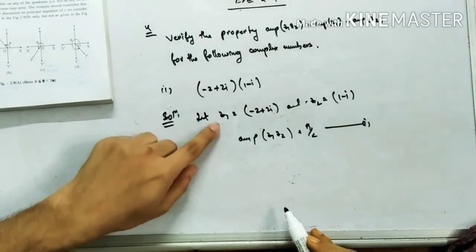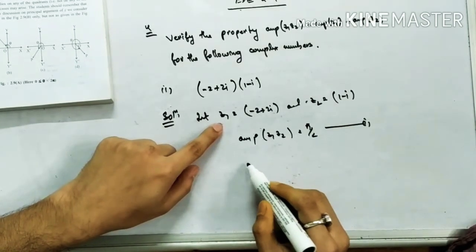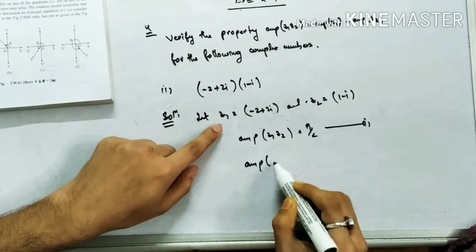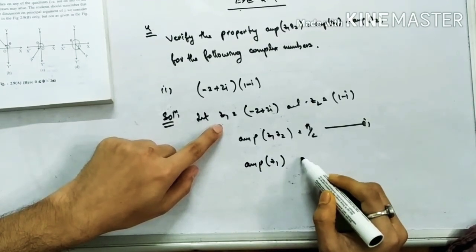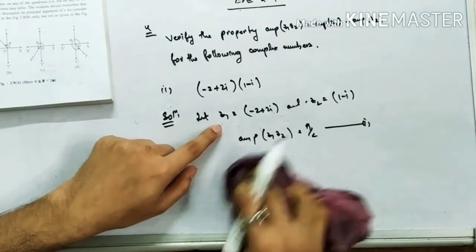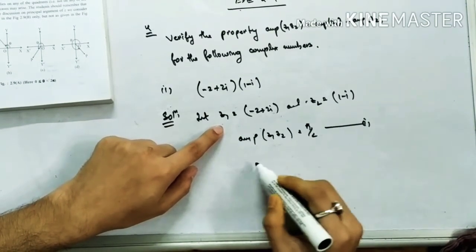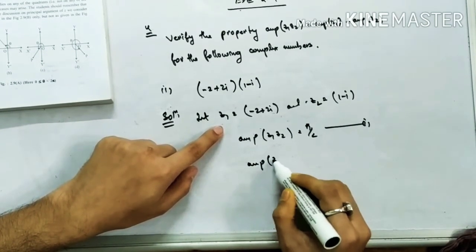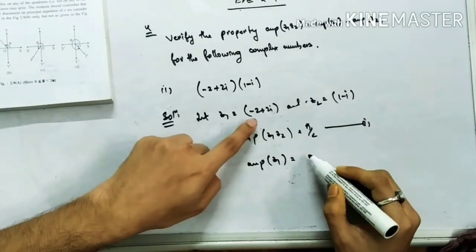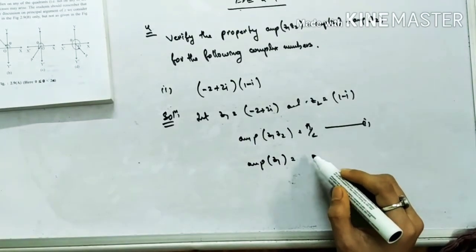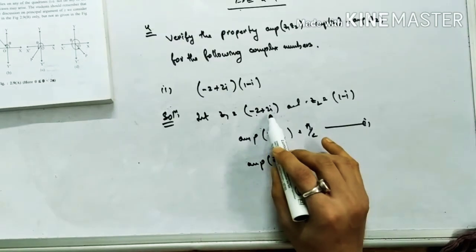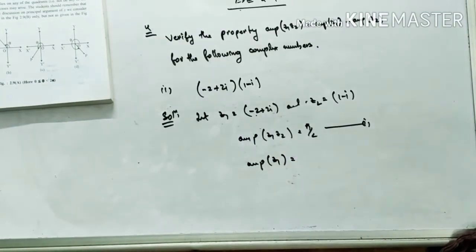Now this is z1, amplitude z1. The point represented by the complex number is minus 2, 2.